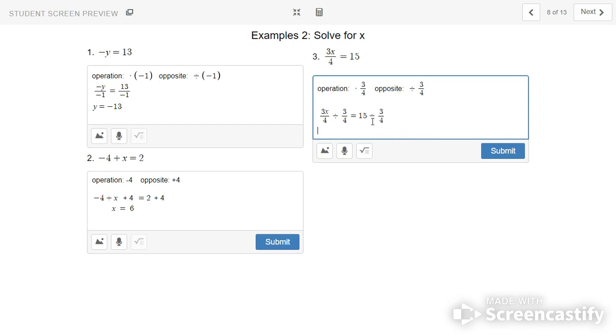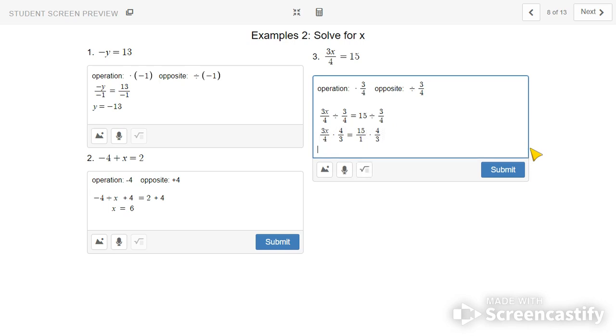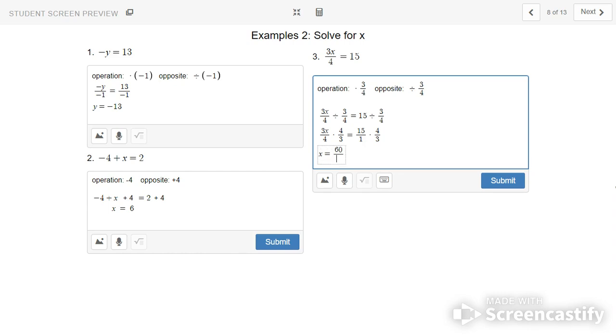Let's flip the fraction and the symbol. So 3x over 4 times 4 over 3 is equal to 15 over 1 times 4 over 3. Numerators here become a 12. Denominators become a 12, so I only have 1x left. On the right-hand side, I have 15 times 4, that gives us 60, and the denominator is 3. So x is equal to 20.